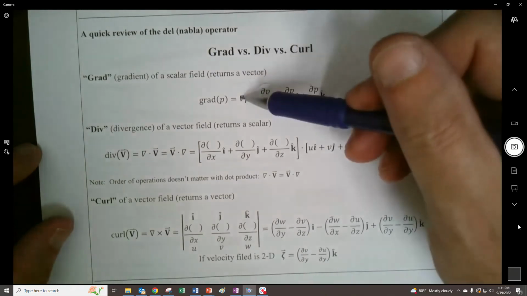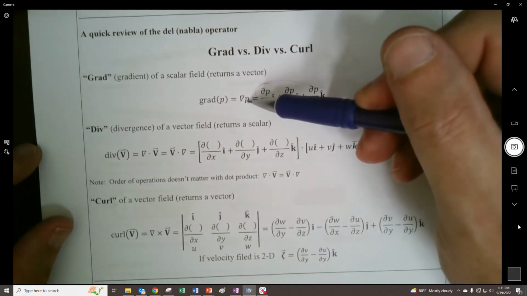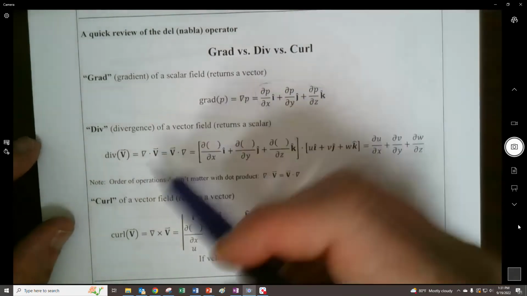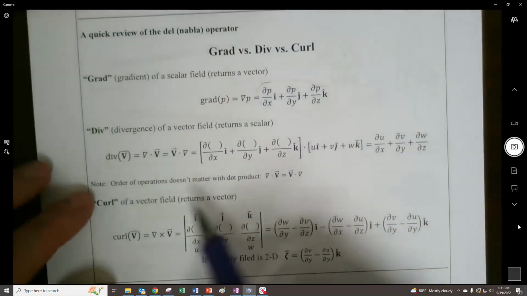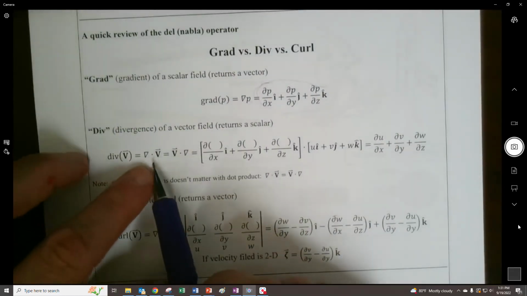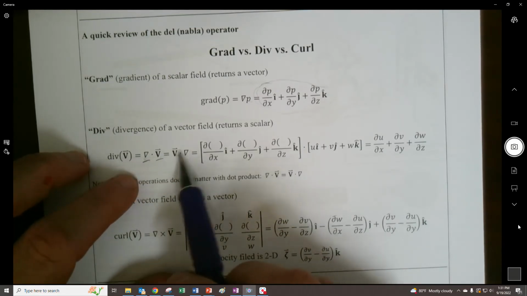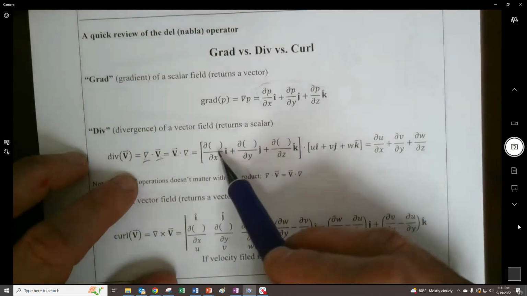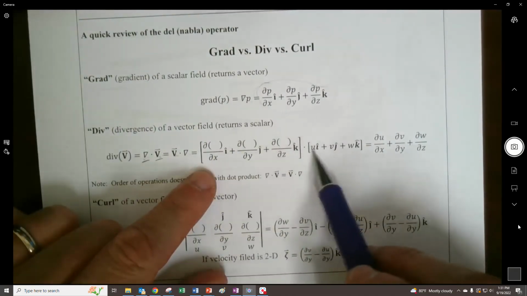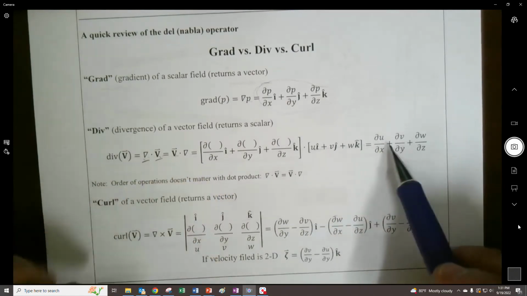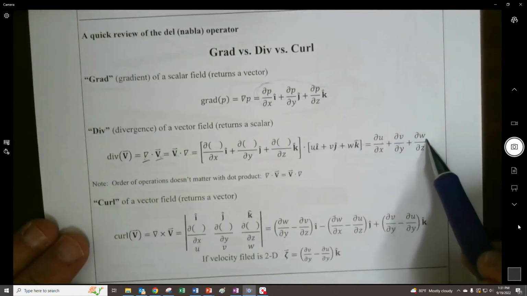Where we're taking this times the scalar, and we're getting a vector, which is different from the divergence, where we're actually taking the dot product, and so this is a vector and this is a vector, and by the way, they're interchangeable, right? And so we're taking these two and we're dotting them against each other.